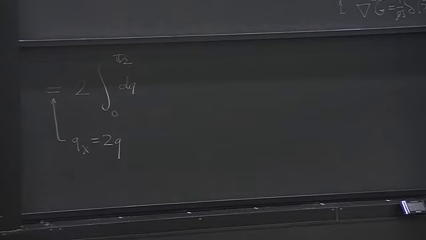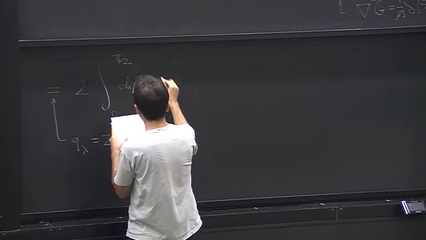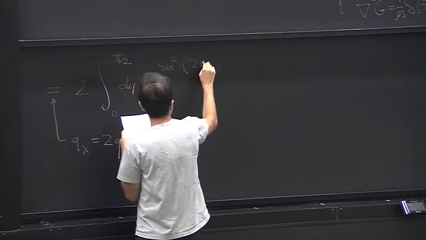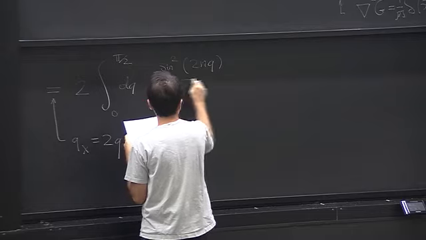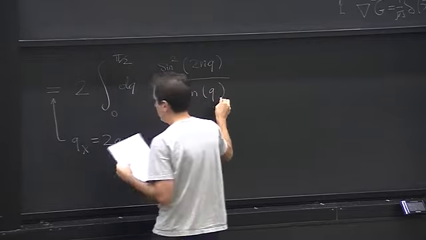It's the upper part, it's the positive part, but now I wrote it as 0 to pi over 2 in this rescaled variable. And then what I get in this rescaled variable is sine square of 2nq divided by sine of q.